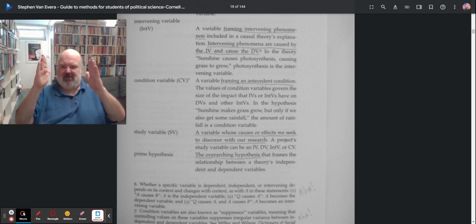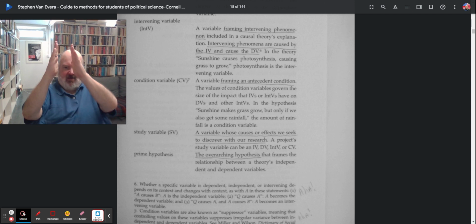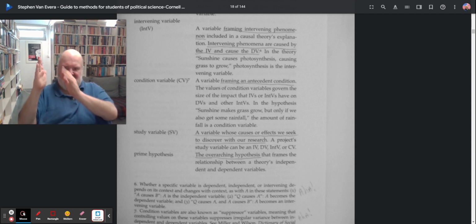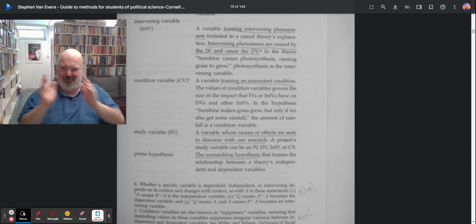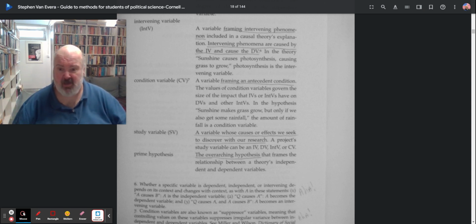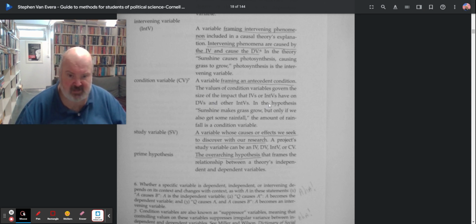You can have a simple sentence: IV causes DV, or IV, INTV, DV, and the number of INTVs can grow. A conditional variable means there is an "if" in the hypothesis. For example, in the hypothesis that sunshine makes grass grow, but only if we get rainfall, the amount of rainfall is a conditional variable.